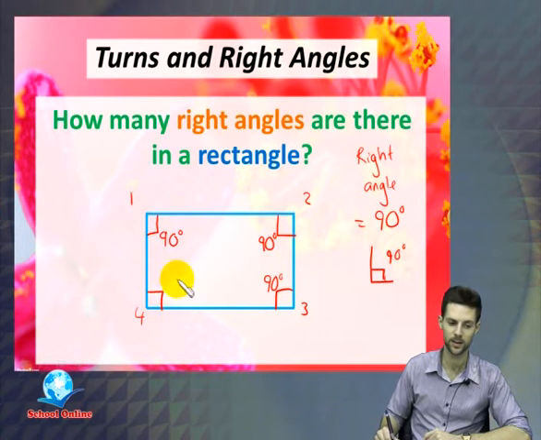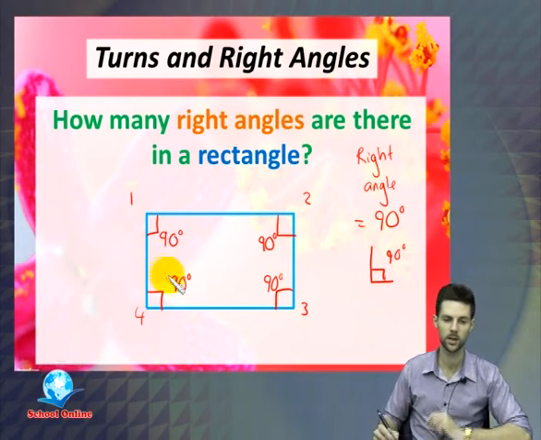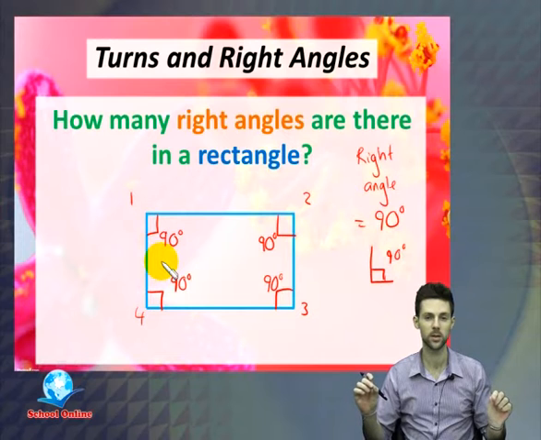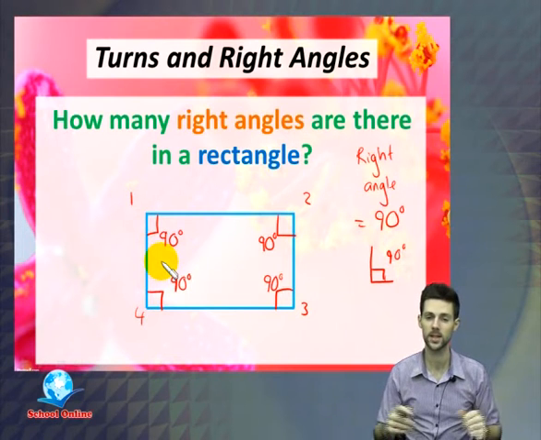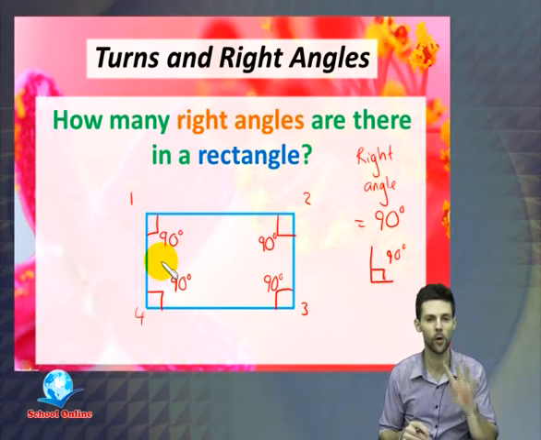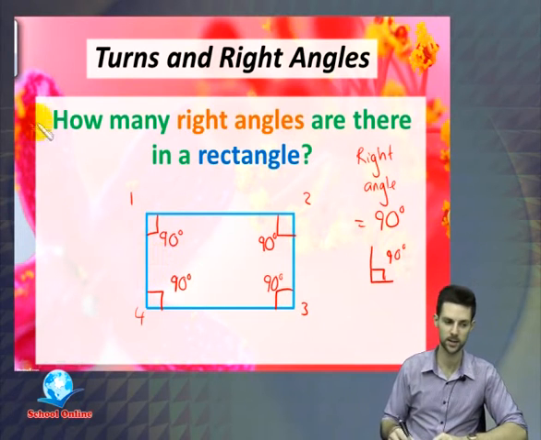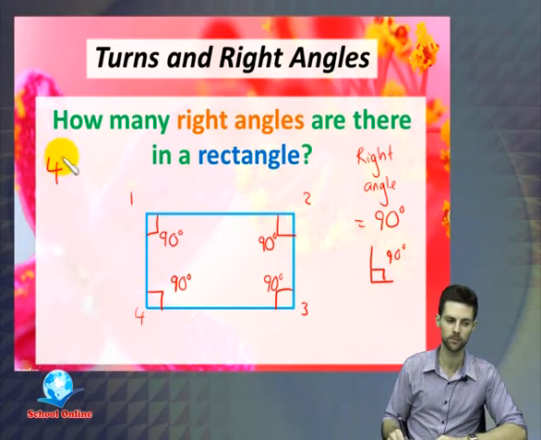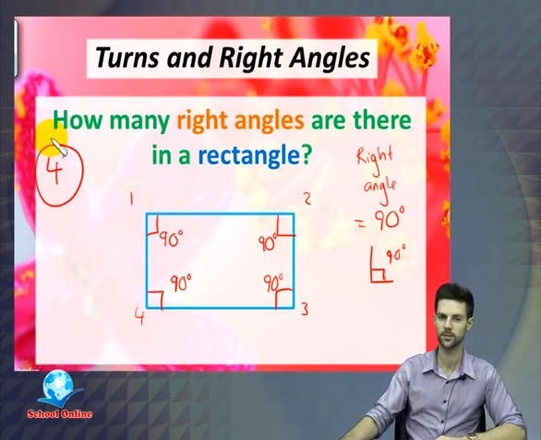And 4, 90 degrees. So we have 4 right angles which make up a rectangle. So inside a rectangle we can say there are 4 right angles. So the answer, 4. Did you get the right answer? Well done if you did.